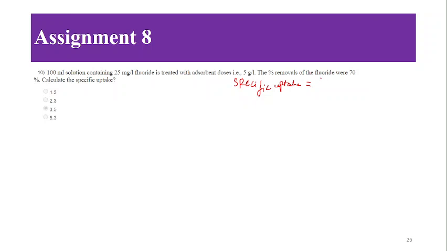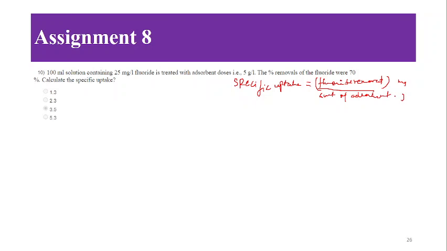So specific uptake is the fluoride removed upon the amount of adsorbent. This will be in milligram and this will be in gram. So milligram per gram is the unit here.